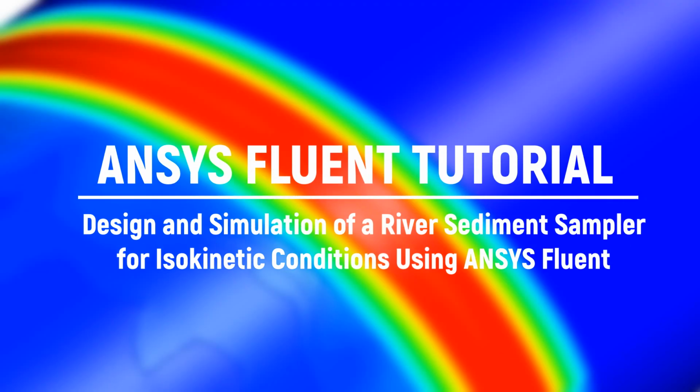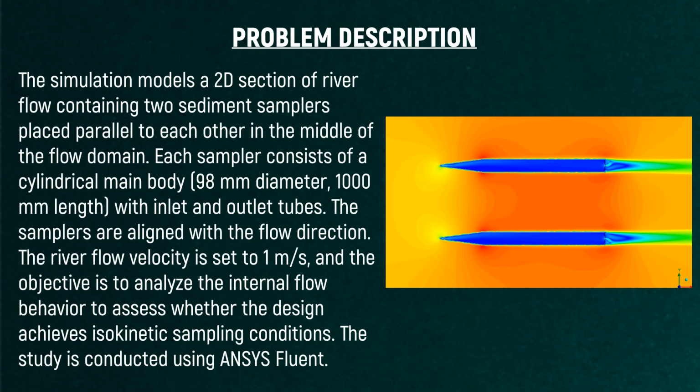In this video, we are going to design and simulate a reverse sediment sampler for isokinetic conditions using ANSYS Fluent. There are two samplers placed parallel to each other. The sampler's diameter is 98 mm and it is 1000 mm in length.